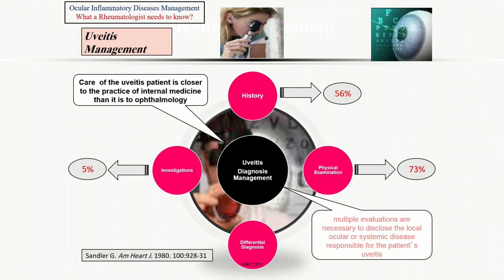So multiple evaluations are necessary to disclose the local, ocular or systemic disease responsible for the patient's uveitis. And keep in mind that the uveitis specialist is usually a small part of internal medicine.